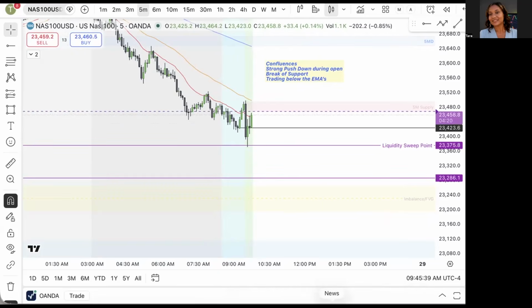And we can see that price is starting to push back up. It looks like our alert is going to go off in just a second. Okay, so our alert went off.